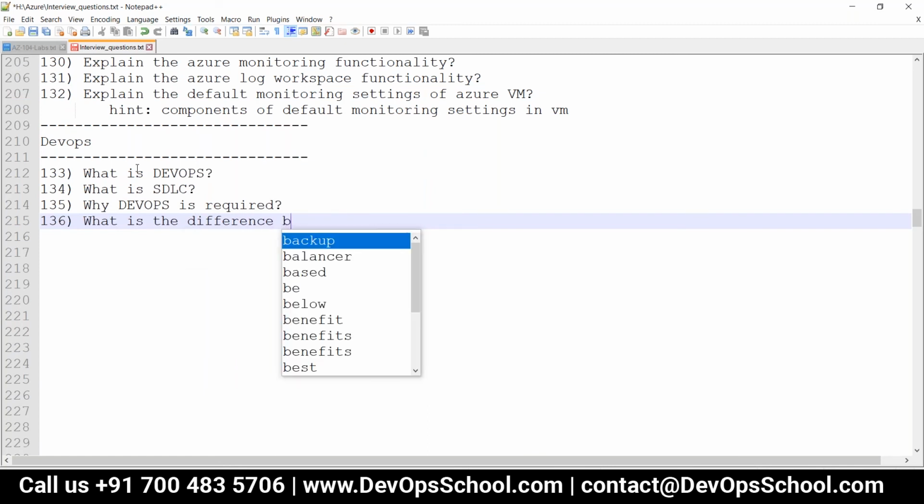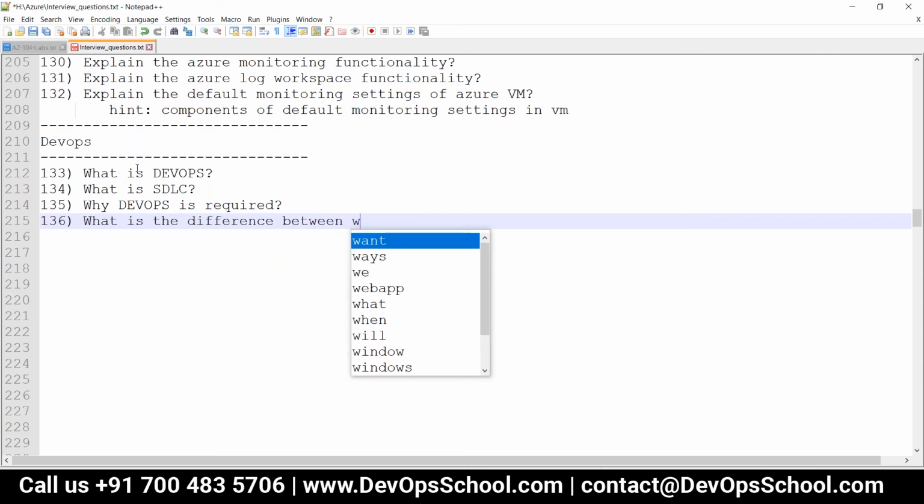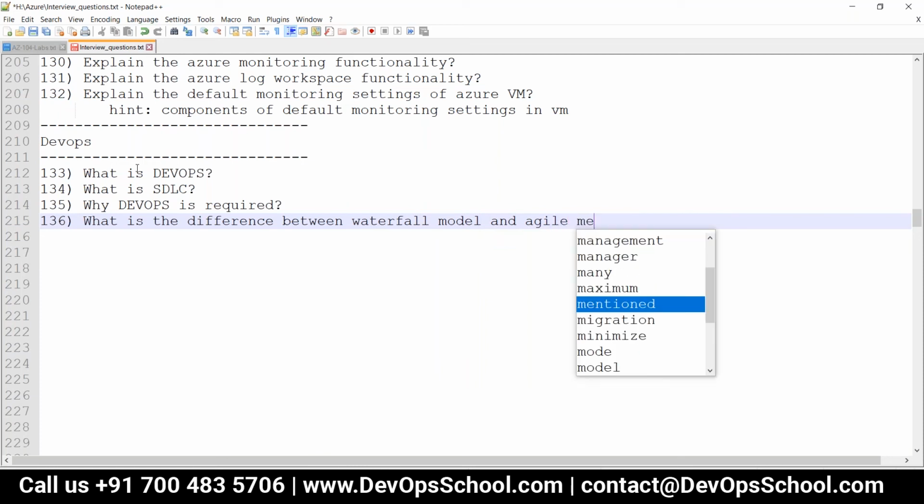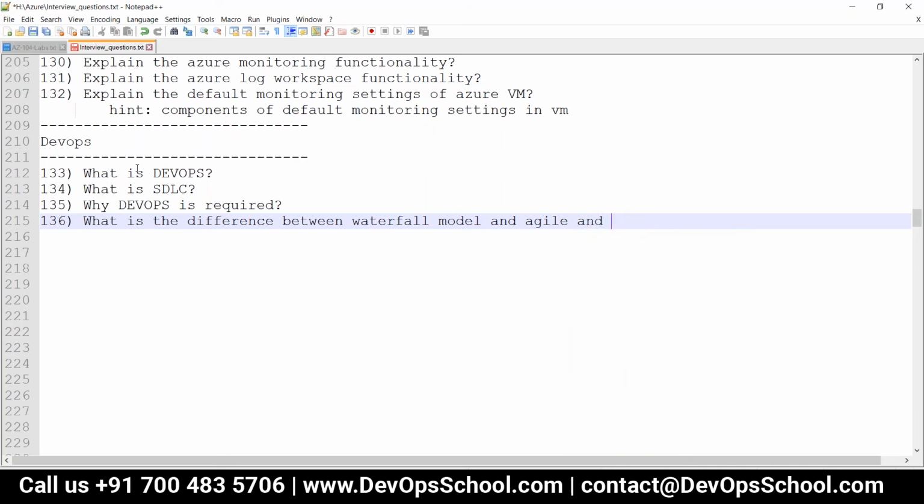What is the difference between waterfall model, agile, and DevOps?